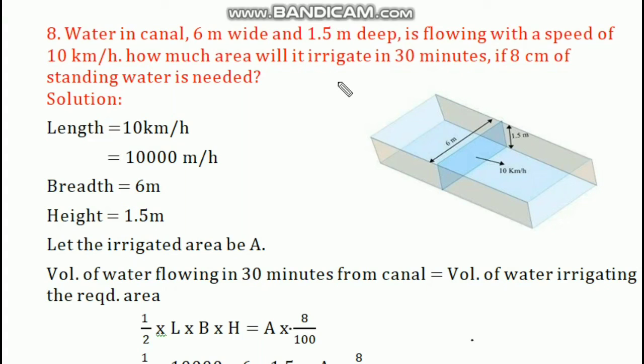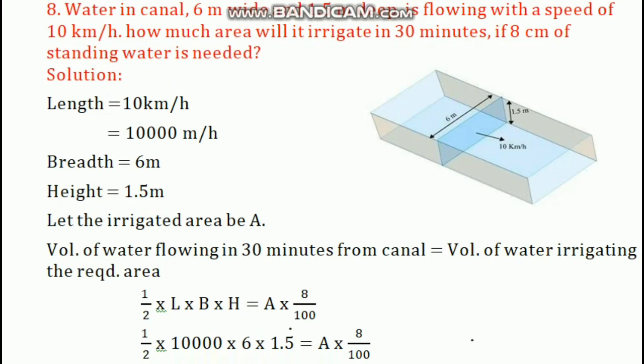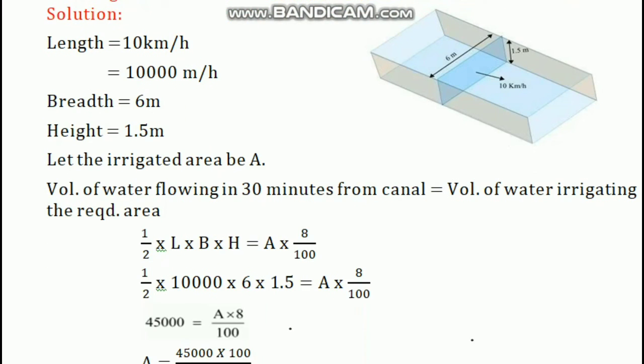The timing is given as 30 minutes. But in this question only the flowing speed of 10 kilometer per hour is given, and we need to find the volume of water flowing in 30 minutes. 30 minutes means half an hour, 1 by 2.